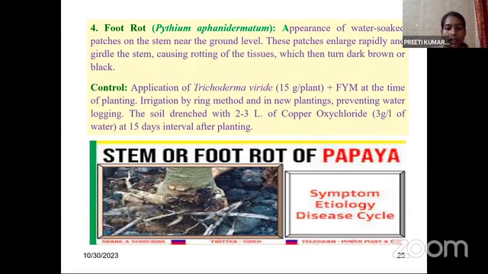We can identify it just by seeing it. The control is the same: application of Trichoderma viride, irrigation by the ring method, and preventing waterlogging in new planting. And the soil is drenched with 2 to 3 liters of copper oxychloride.